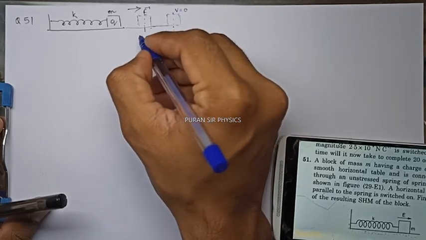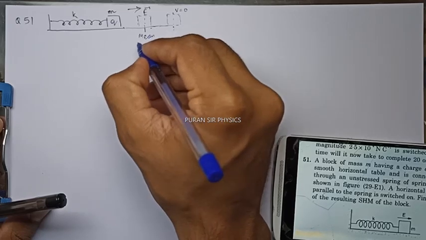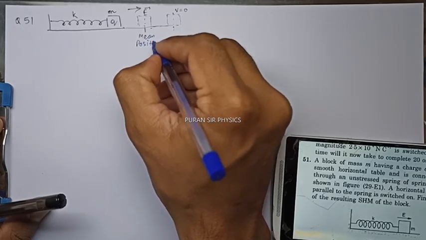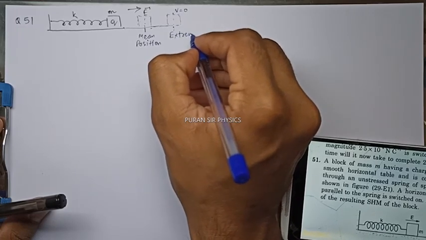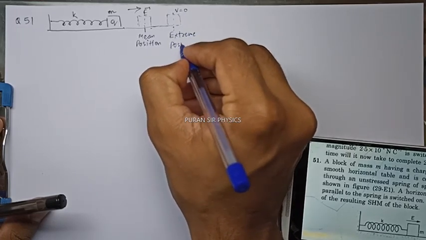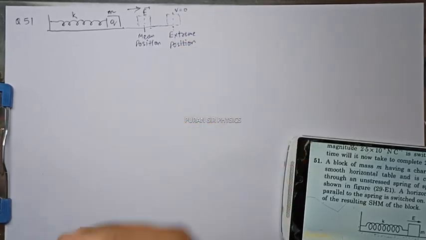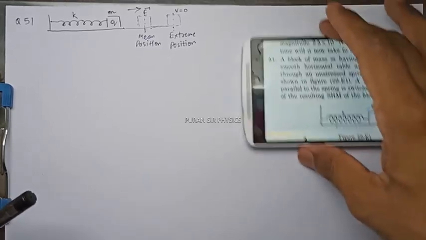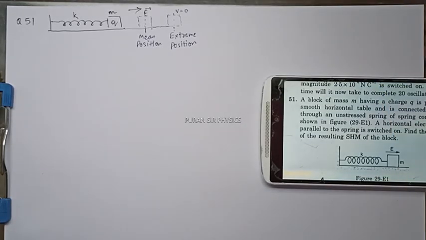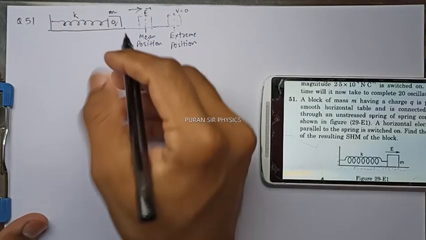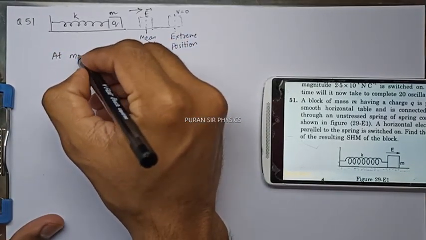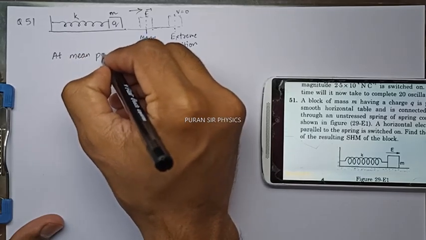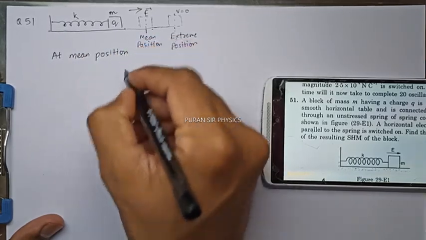So this is your mean position, and this one is your extreme position. At mean position in SHM, the net force is 0.